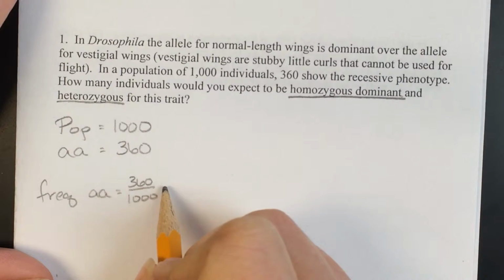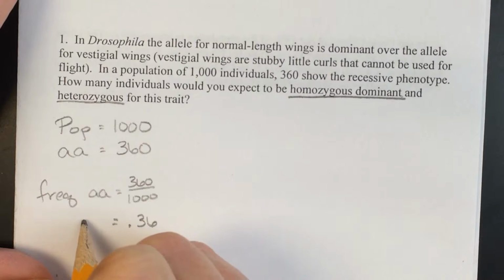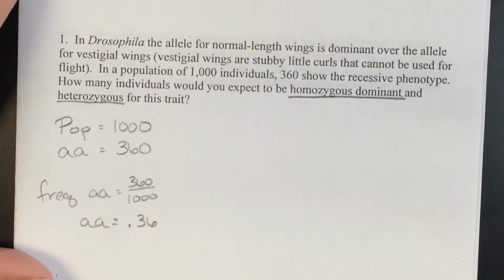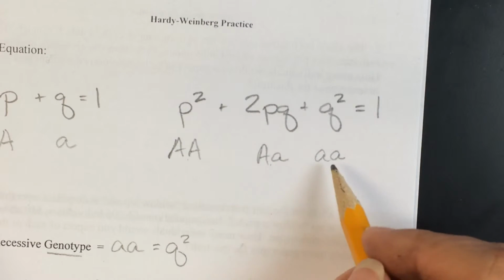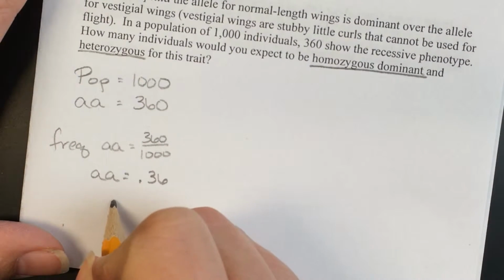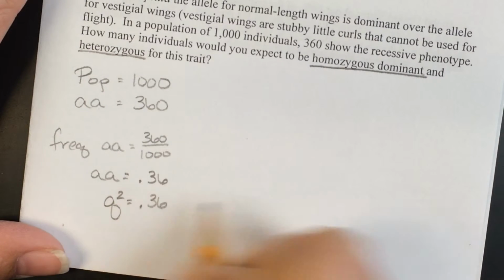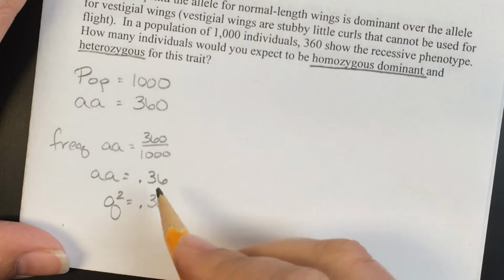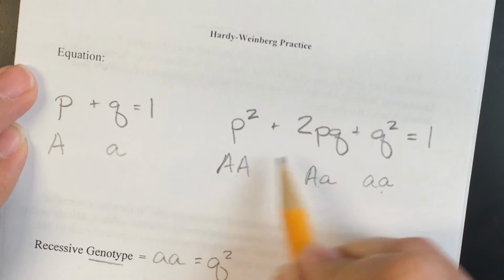And once we do that, we'll see the frequency is 0.36, little a. Now, if you recall from our main equations, little a is the equivalent of Q squared. So we can add that our Q squared value is equal to 0.36.